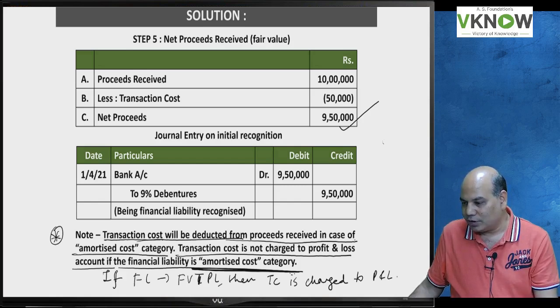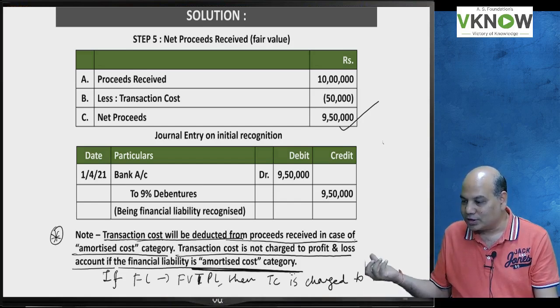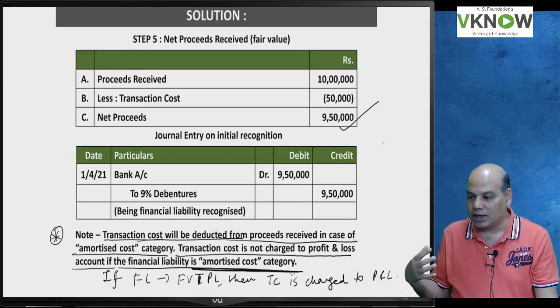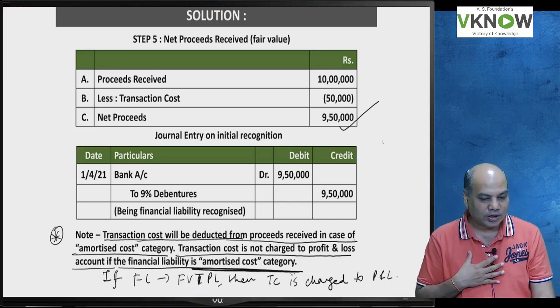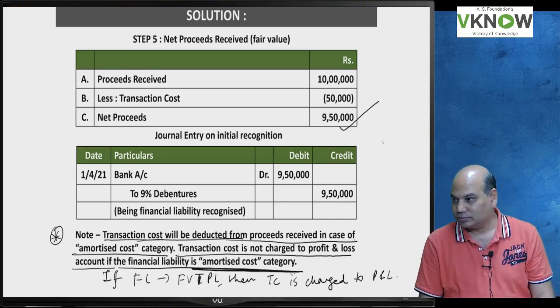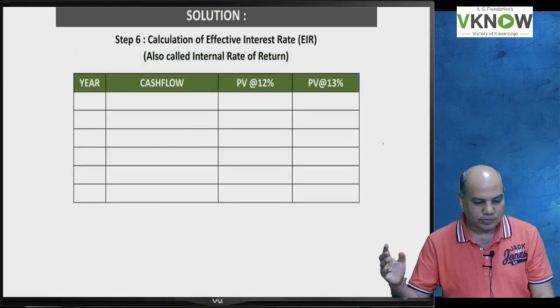So in any case, if I do fair value, the difference will come. Difference will go to P&L account only. And these are for short term. Generally, FVTPL means you don't have long term interest in that particular item. So they say that transaction cost you transfer to P&L account.